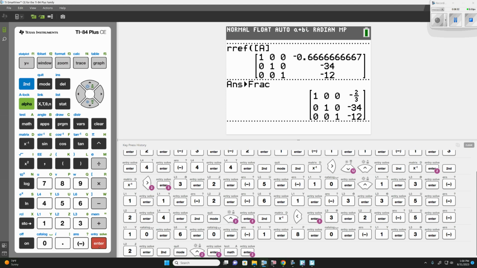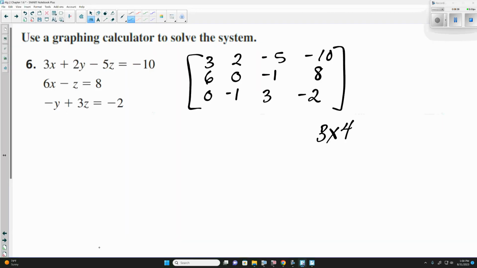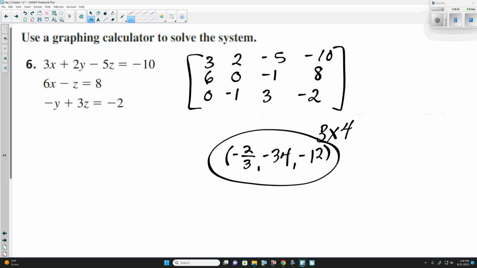So our answer is -2/3, -3/4, -1/2. Math, enter, enter. Okay.